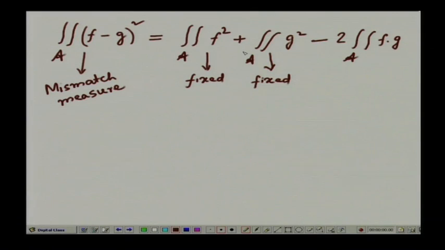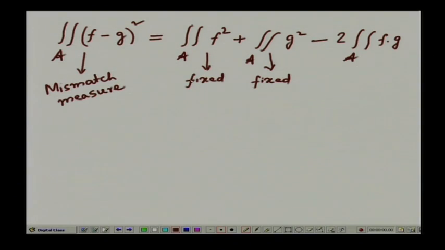Now, when I expand this, it becomes the double integration of f squared plus the double integration of g squared minus twice the double integration of f into g. As I said, for a given template f squared is fixed, and for a given image and a given region g squared is also fixed. That means the integration of (f minus g) squared will be minimum when the double integration of f into g will be maximum. So, whenever the mismatch measure is minimum, the double integration of f into g over the region A will be maximum.